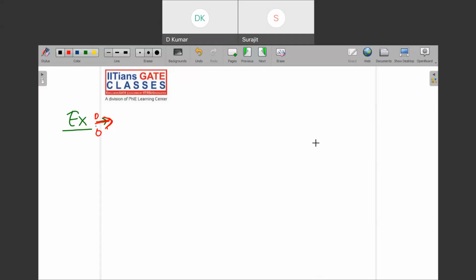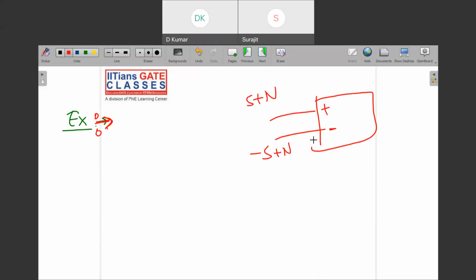Why? Because noise is a common mode signal, right? Suppose this is an op-amp and there is signal plus noise at the plus terminal and minus signal plus noise at the minus terminal. So what will be the output? The difference between the two, right? So signal plus noise minus, minus signal plus noise, so the noise gets cancelled.